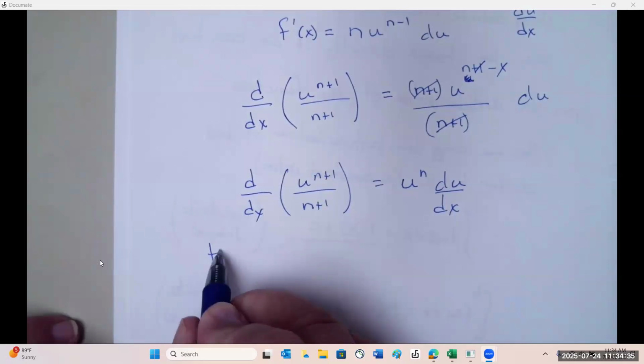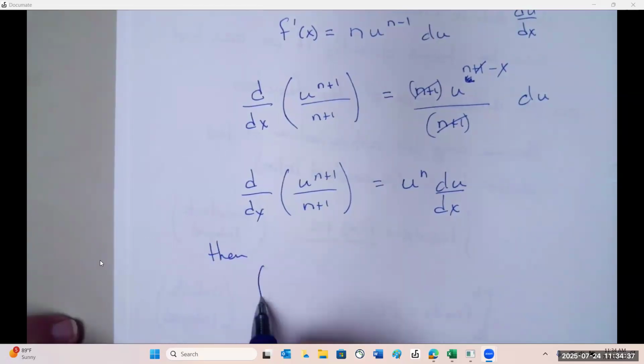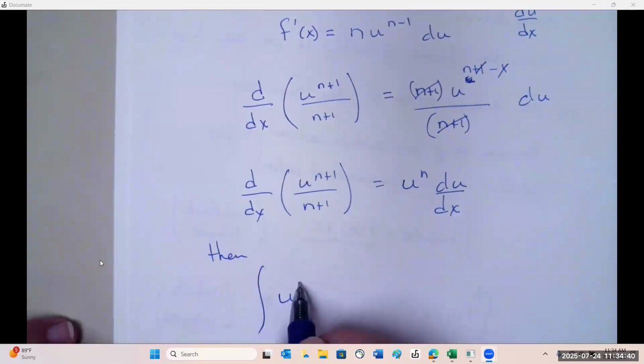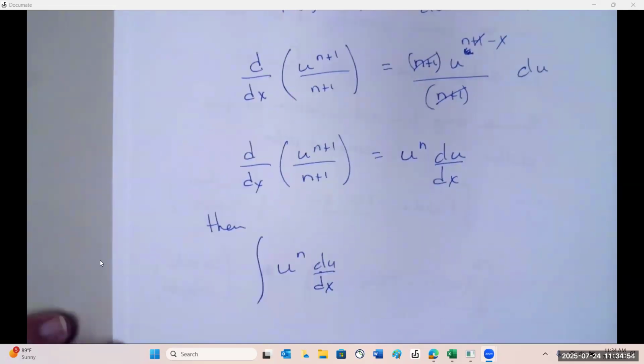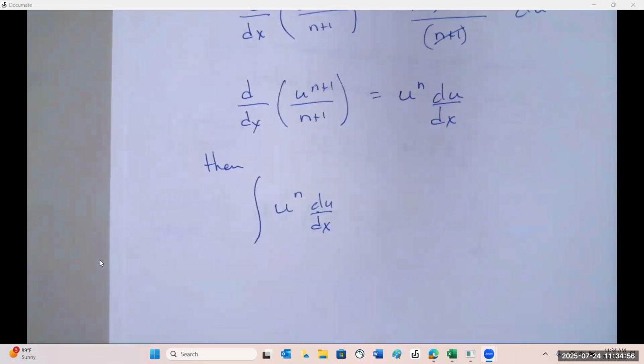then the integral of u to the n du dx would be what?